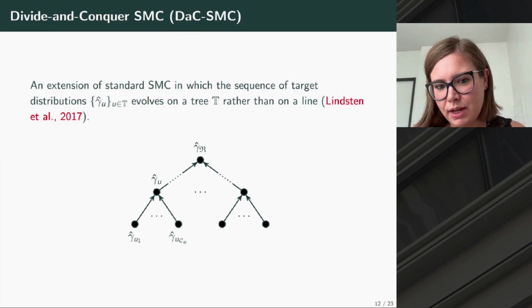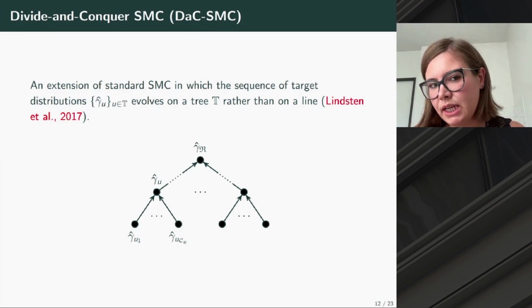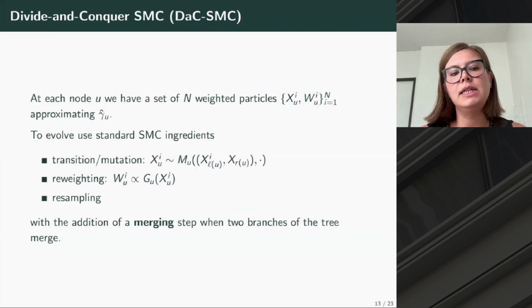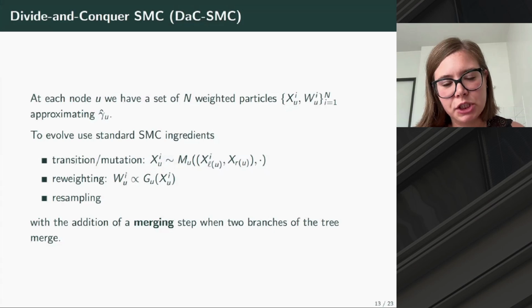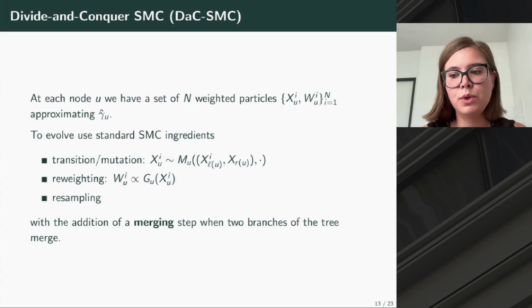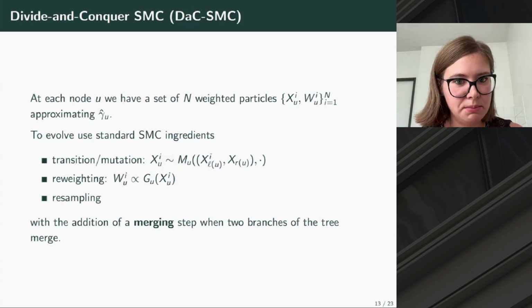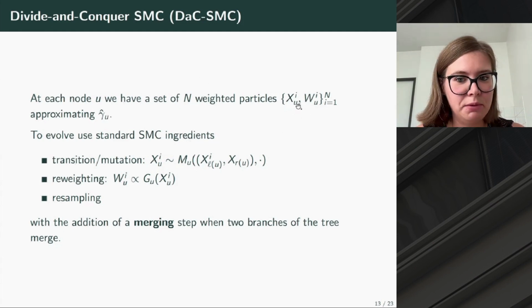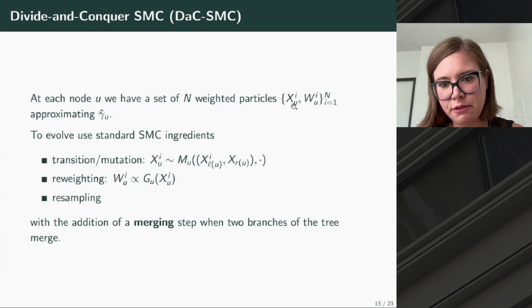This tree structure was motivated by considerations in distributed computing, but it turns out it's quite useful to deal with spatial models as well. Once we have this tree structure, in the end, what we do is not very far from SMC. We still have several sets of weighted particles, one for each leaf.